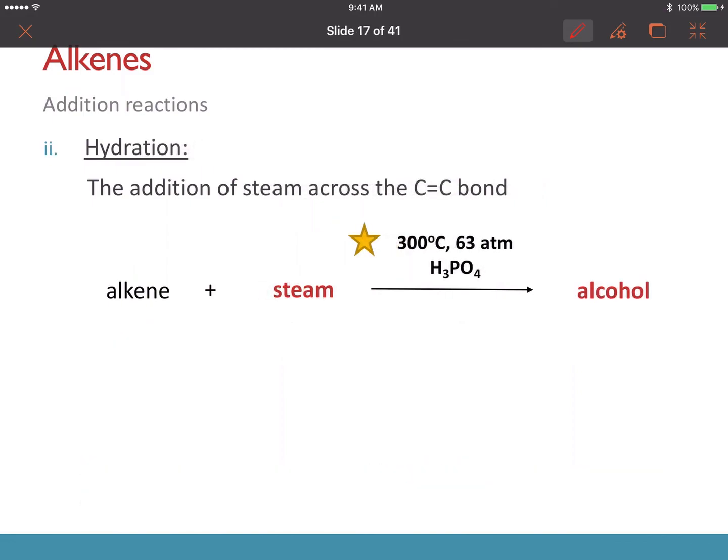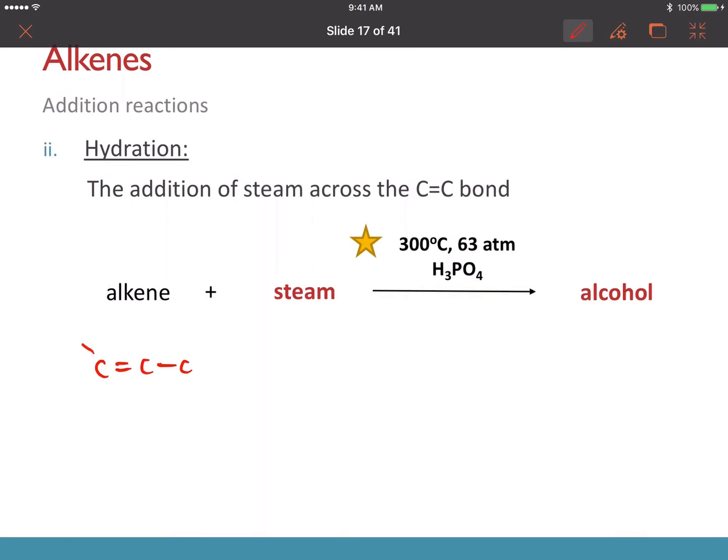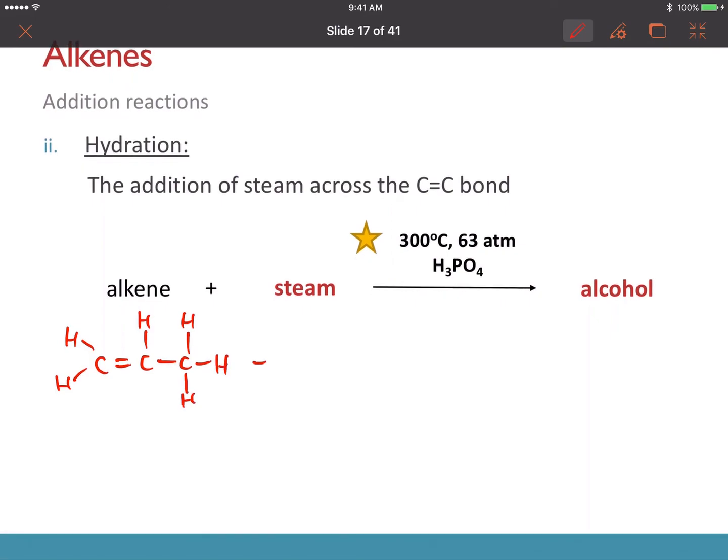Next, we have hydration, which is the addition of steam across the CC double bond. Okay, maybe I draw it out, it will be clearer to you. For instance, let's draw a propene molecule again. Steam is H2O.